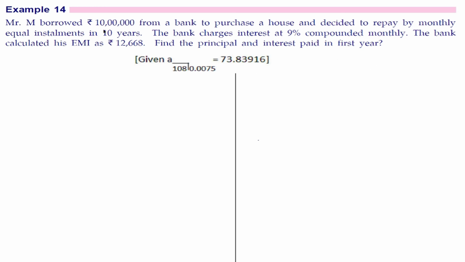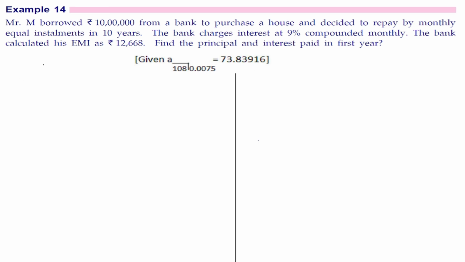So here we are given the principal amount, that is the amount for which the loan has been amortized, then the time period and the interest which is compounded monthly, and EMI is also given. We need to find the principal and interest paid in first year. And we are given the present value annuity factor for 108 number of periods and rate per period 0.0075 as 73.83916.